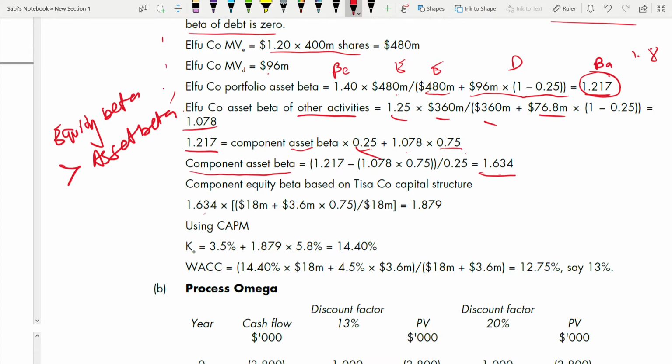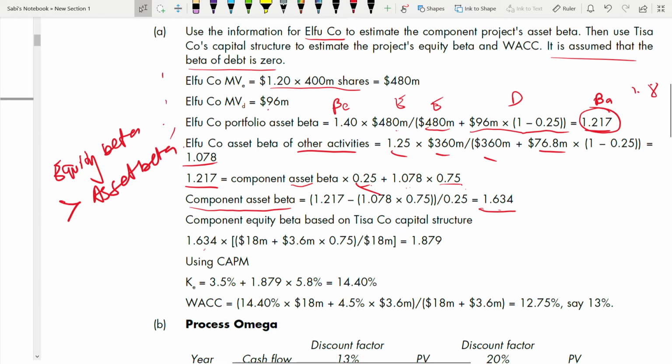Formula for asset beta is asset beta multiplied by equity, divided by equity plus debt. This time, asset beta multiplied by the reciprocal, equity plus debt over equity. So your equity, what is your equity? Whose equity? Don't go up and take Alpha company's equity. This is the mistake we are doing.